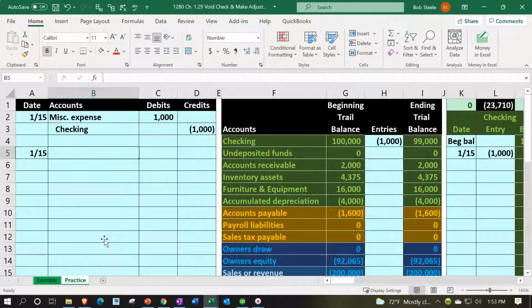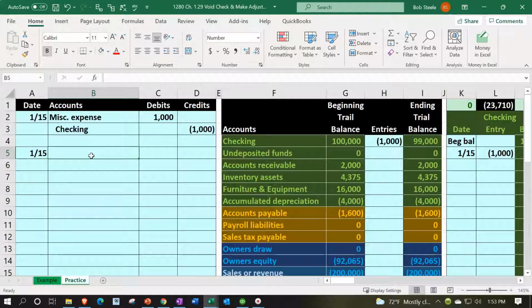So to void the check would be another journal entry. We do it with a second journal entry. In other words, I'm not just going to delete this journal entry up top. Usually I would want to do another journal entry to show the audit trail if I'm looking at this from a journal entry by journal entry standpoint. So I'm going to say that we've voided it. And I'm going to put the void back on the same day we wrote the check.